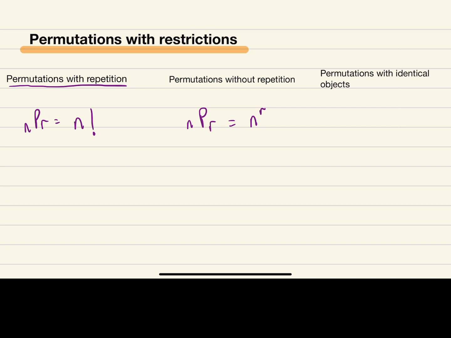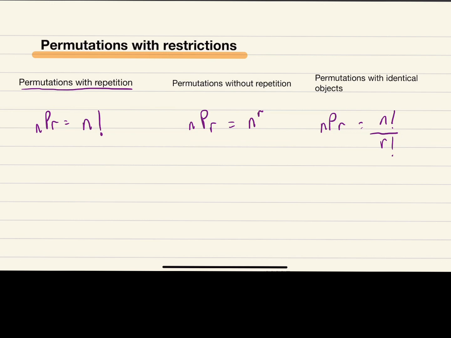And then finally, we have permutations with identical objects, where the number of permutations is equal to n factorial over R factorial, where the n factorial refers to all the objects in the set, and the R factorial refers to the object that is repeated, or in this case, has an identical object to it in the set.